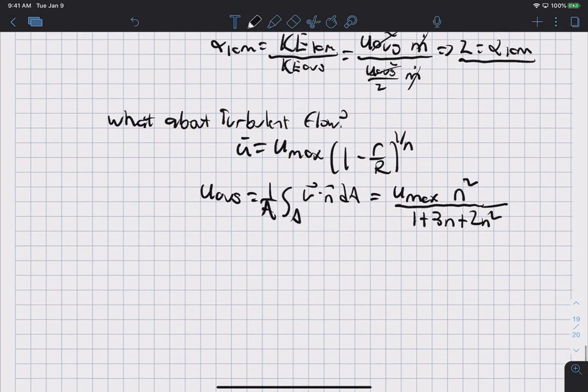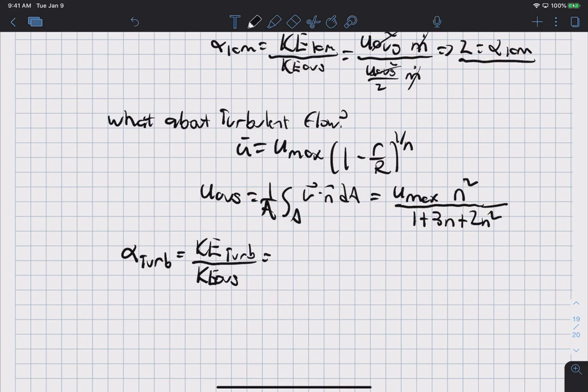Then alpha for the turbulent flow, or the Coriolis factor, is the kinetic energy of the actual turbulent profile over the kinetic energy based on the averaged velocity.